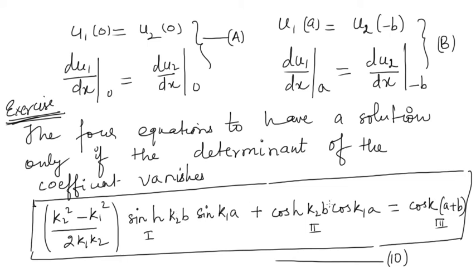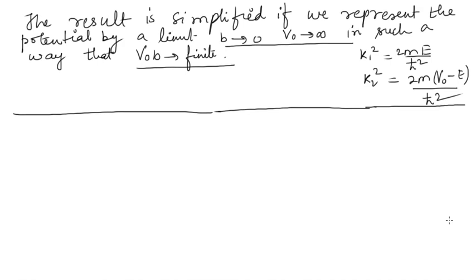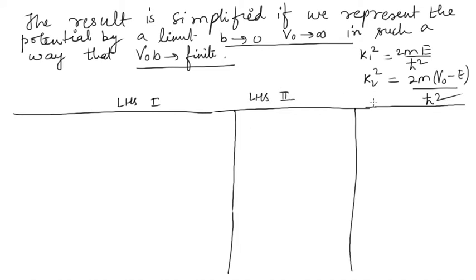Left hand side has 2 terms and the right hand side has 1 term. So let me, the first term is big, so I give bigger space to that. Let me see whether I will be able to complete in this or not. So this is left hand side, first term, left hand side, second term, right hand side, third term. Okay. Here we have an equal sign, here we have plus.